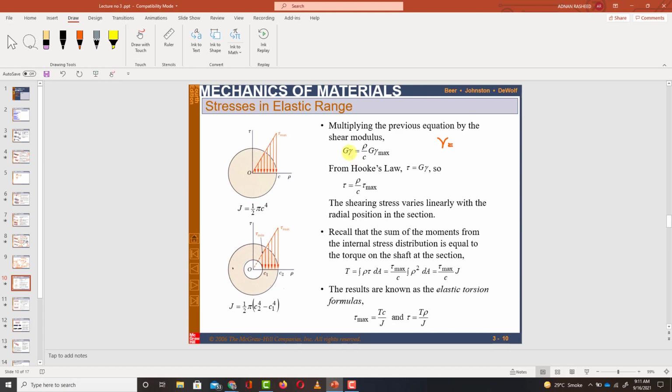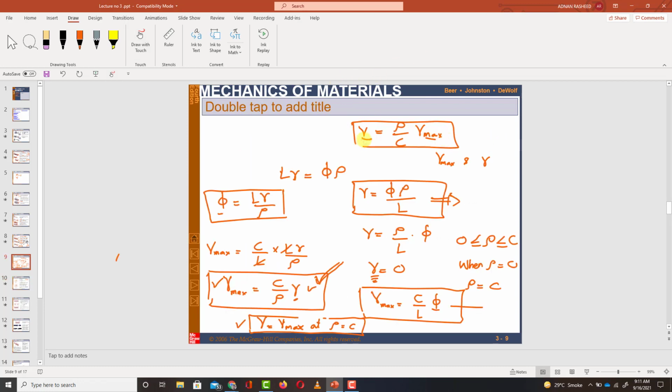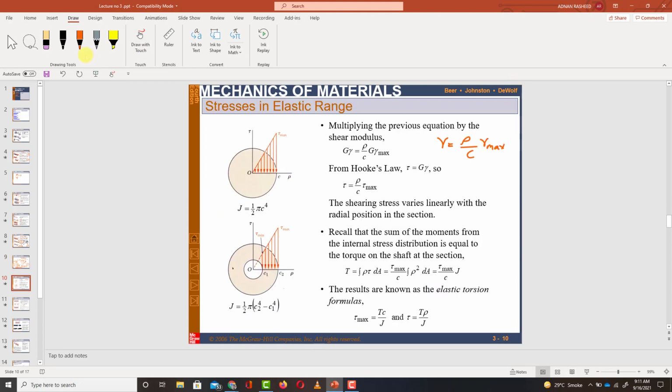As we know that gamma is equal to rho over C into gamma max, that is written in the previous slide. Clear? Now if we multiply G, the modulus of rigidity, on both sides. We have studied that shear stress is equal to modulus of rigidity into shear strain for the elastic region.